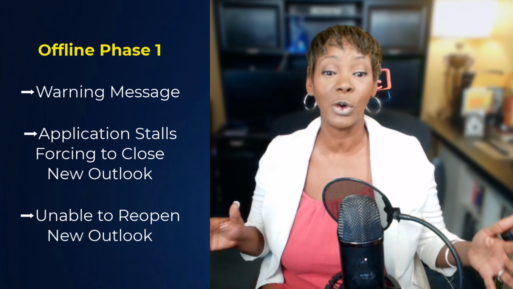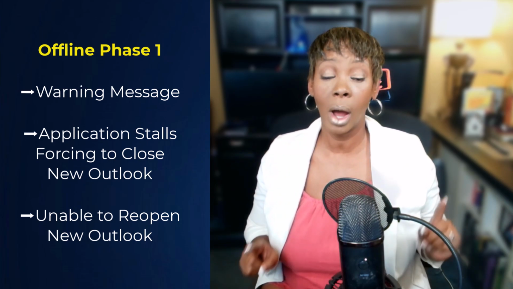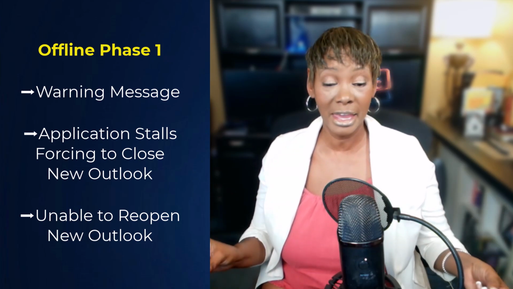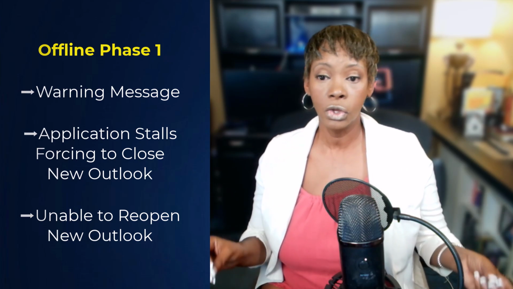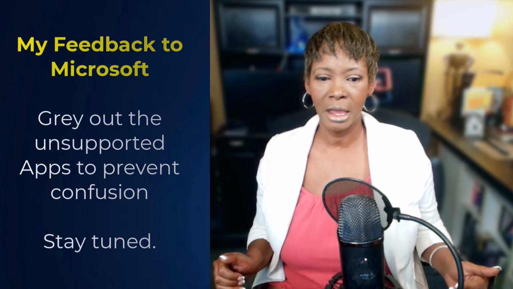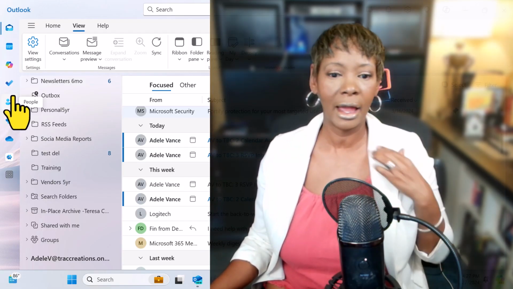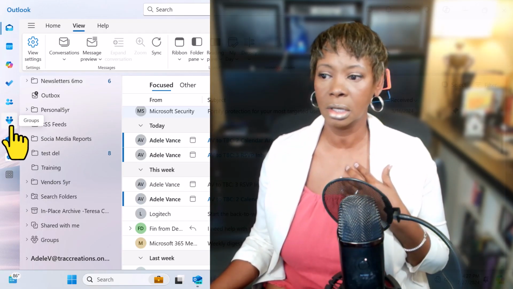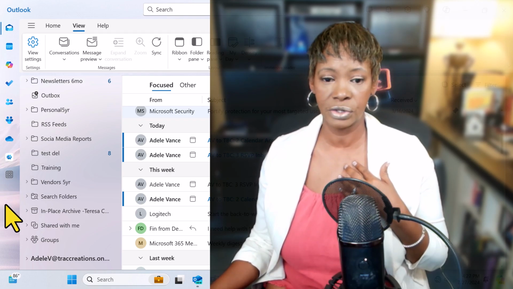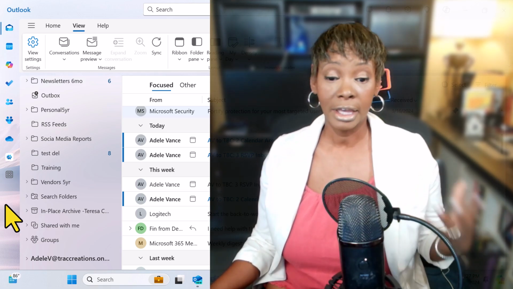And if you close out, you cannot get back into Outlook in offline mode, because it has to be running before you are able to use it. I went to Microsoft and said, can you just gray them out? Because we get in our workflow and just start working immediately. I know for me, I would click on one of these that I don't have access to, and it's going to force me to close out. So keep that in mind.